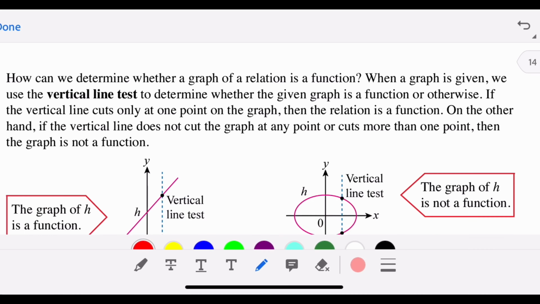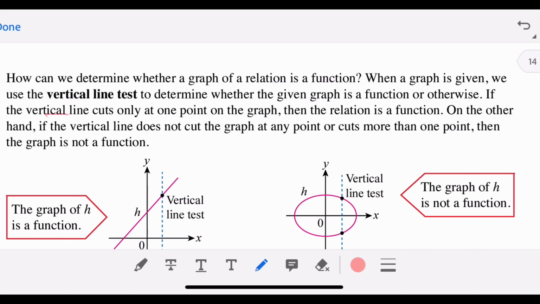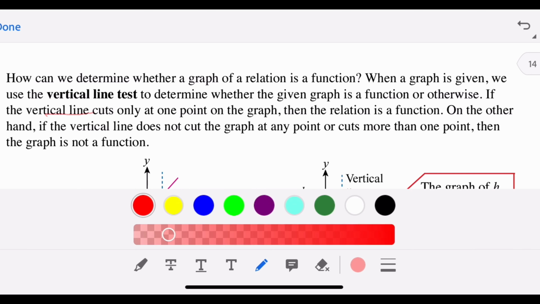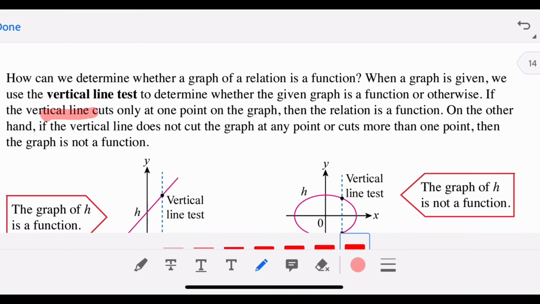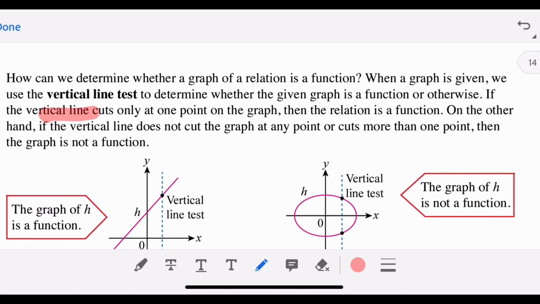If the vertical line cuts only at one point on the graph, then the relation is a function. On the other hand, if the vertical line does not cut the graph at any point or cuts more than one point, then the graph is not a function.